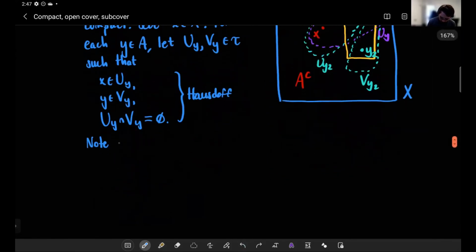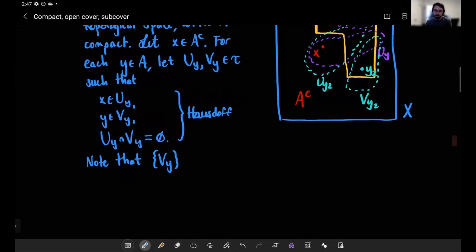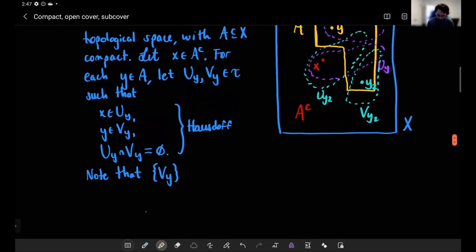So let's write this out. Note that the collection of all these V sub Ys, where V is the open set around Y, and I'm letting this Y value range over every point in A, is an open cover for A. Why?